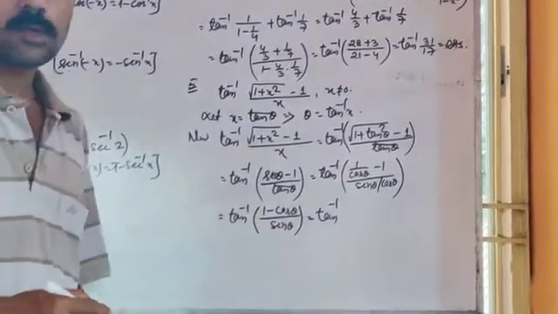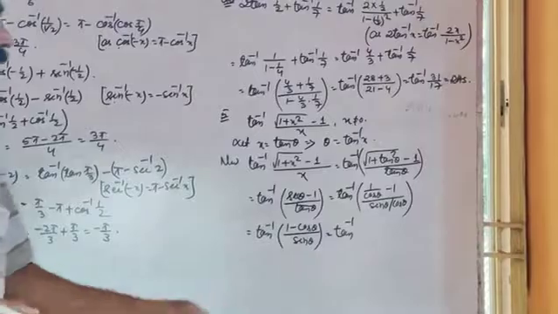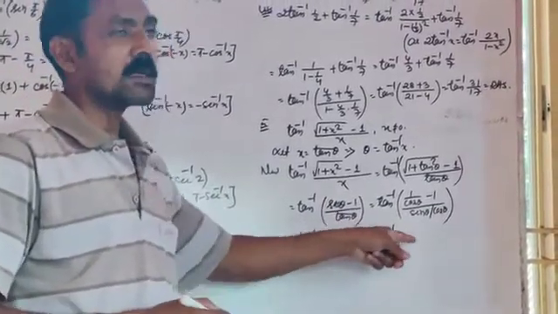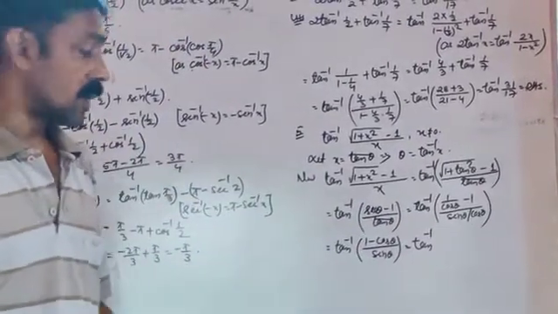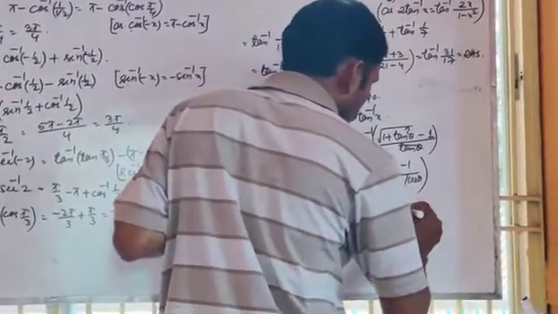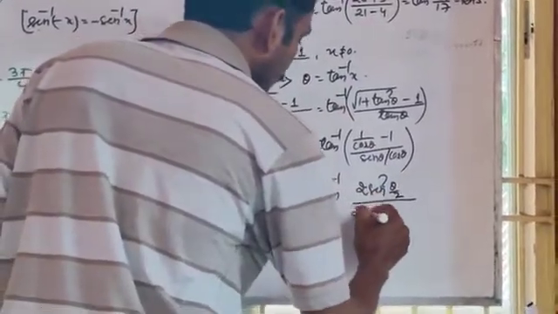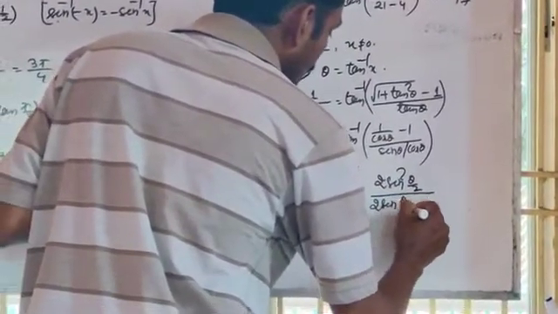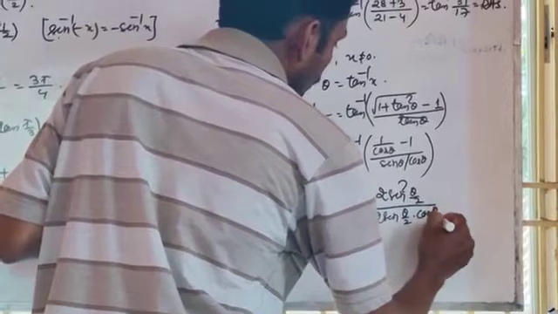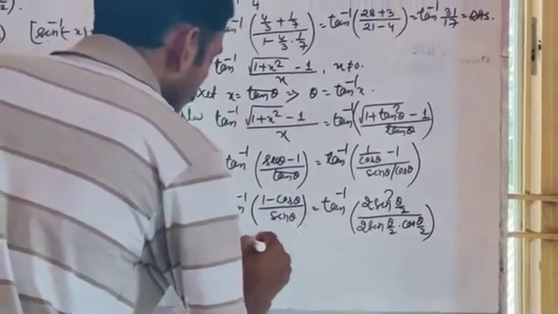Now here for 1 minus cos theta, the formula is that of the multiple angle. 1 minus cos theta is 2 sin square theta by 2, and sin theta can be written as 2 sin theta by 2 into cos theta by 2. So it is tan inverse.